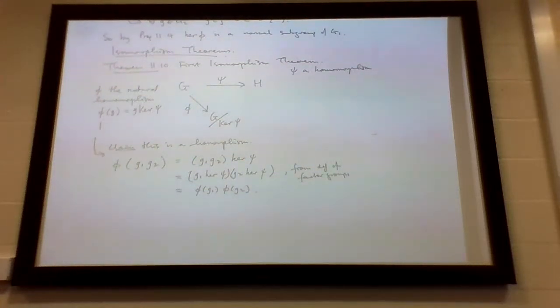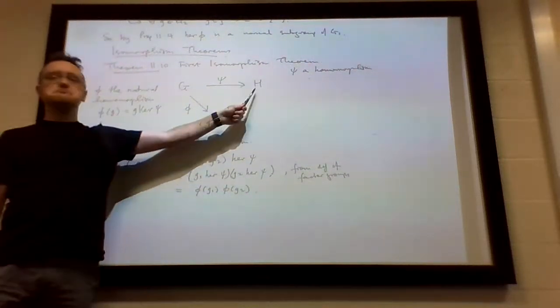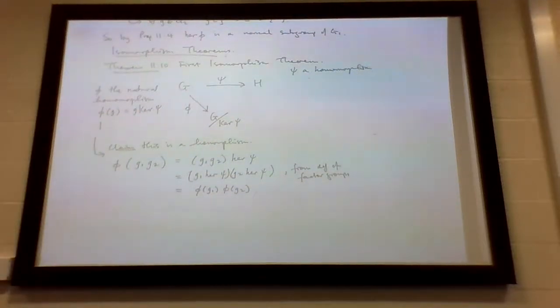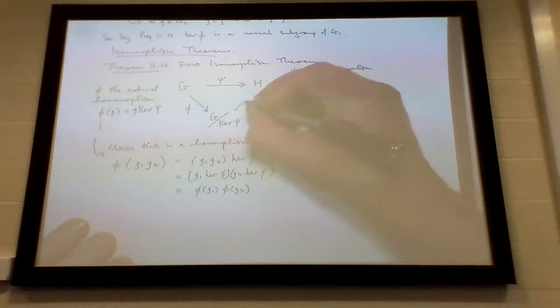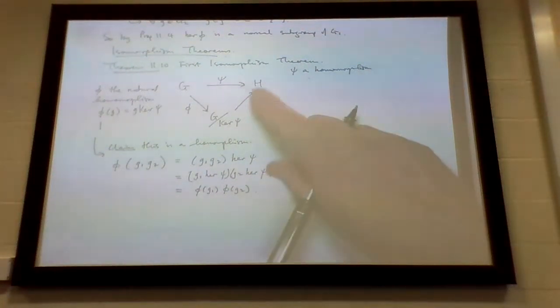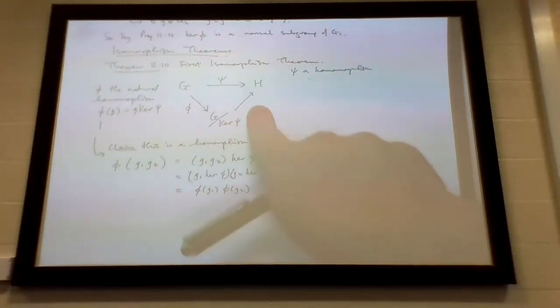So what's missing from our picture is an arrow going this way. And this is what the isomorphism theorem is actually saying. It's saying there exists a natural, obvious map going this way.